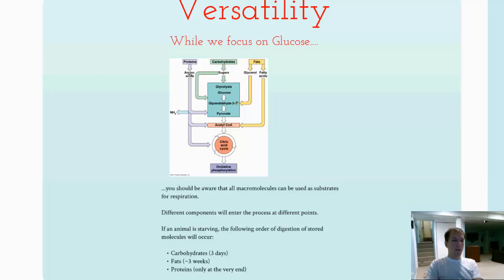Proteins will be broken into individual amino acids, which can further be broken down to make pyruvate, to make acetyl-CoA, or to make different molecules within the citric acid cycle, and that allows us to be able to use all three of those, proteins, carbohydrates, and fats, as potential sources of energy.